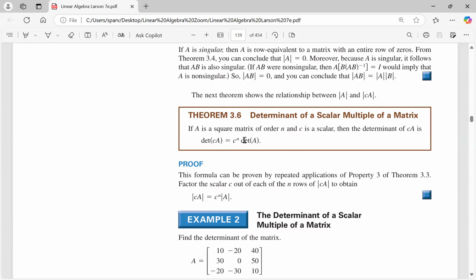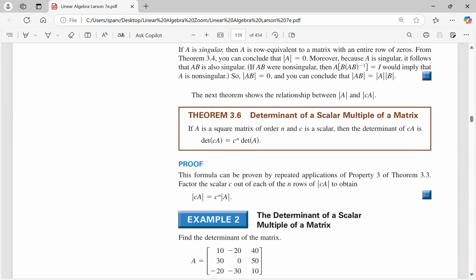So in terms of the determinant of just A, because every row of CA is being multiplied by C, how does that relate to the determinant of just A? Well, once you multiply the matrix by C, I can remove C from every row of that matrix. So if there are n rows, I'm going to have n C's, right?